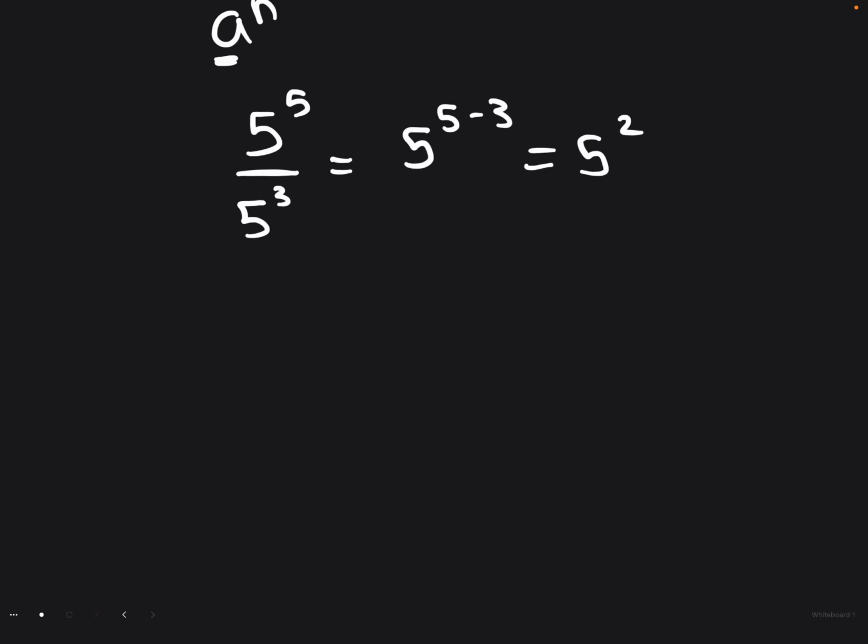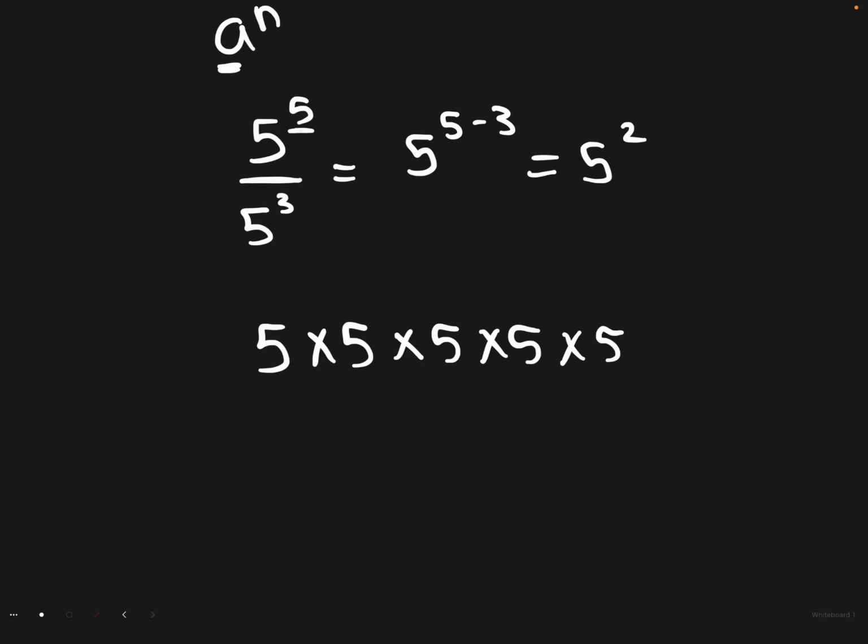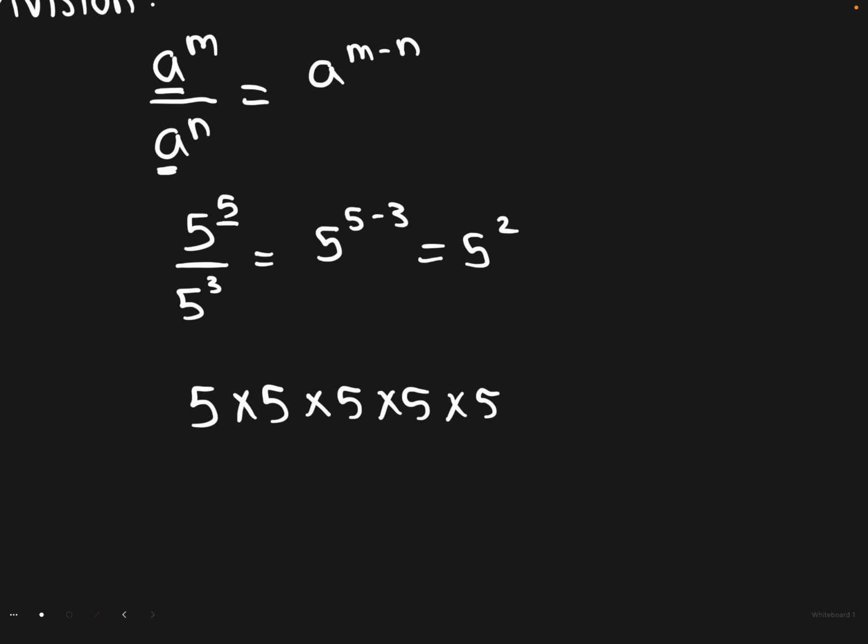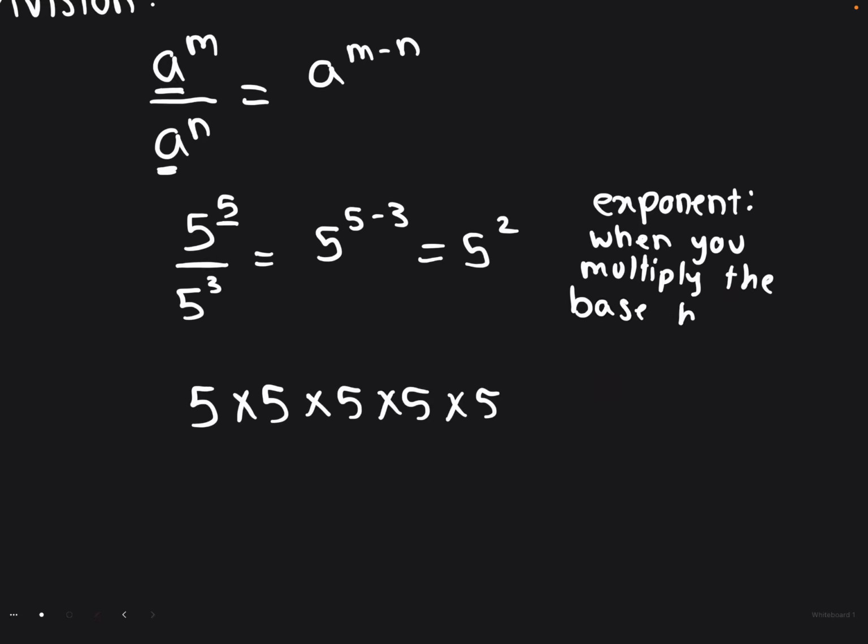The reason behind this is that when you do 5 into 5 into 5 into 5 into 5, that's what an exponent is. An exponent is when you multiply the base by itself.